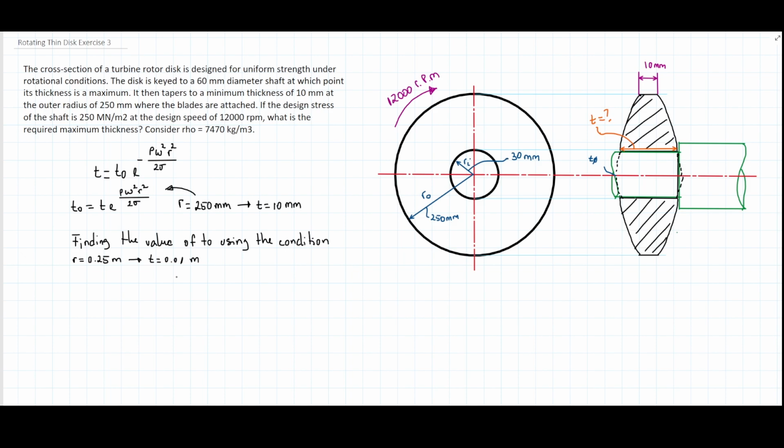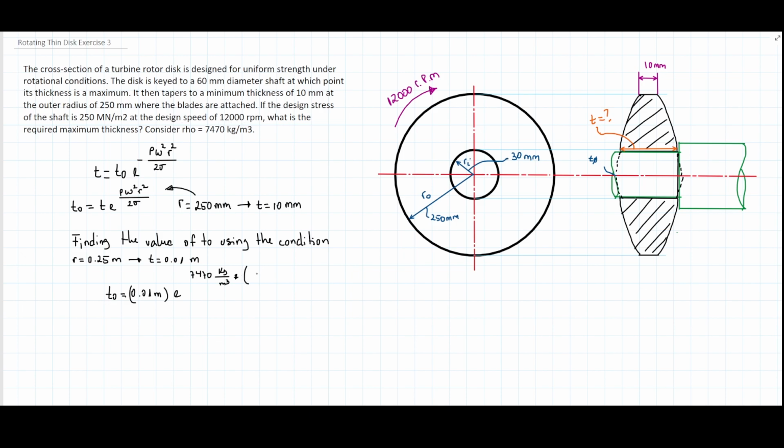Awesome. Now having that, let's substitute the values back into our equation here. So we're going to have that T0 equals what? T is 0.01 meters, e to the power of the density, which is 7470 kilograms per cubic meter, times the square of the angular velocity, but the angular velocity is given as 12,000 RPMs.